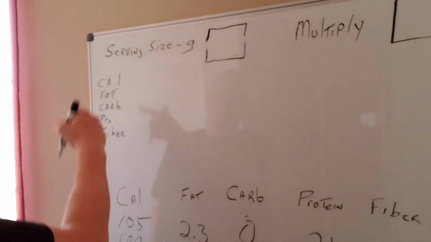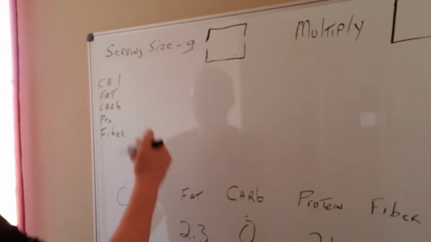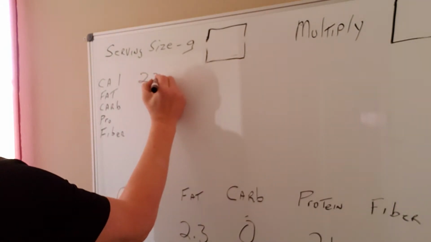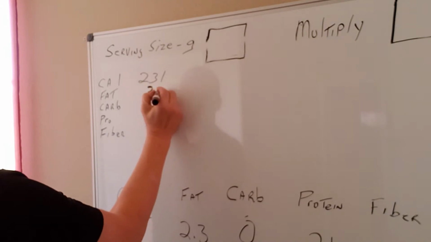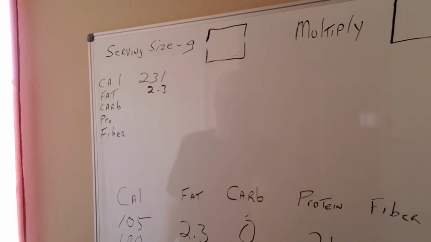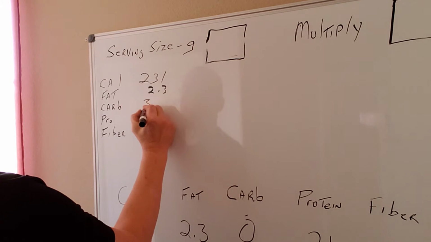So now we're going to come up with the total number for the meals. So let's do our little math here. 105 plus 100 plus 26 is 131 calories. I'm sorry, 231. So for my lunch, and it's a beautiful fish dinner, I've got 231 calories. My fat, as you can see, is 2.3. My carbs for this meal is 20 plus 3.9 is 23.9.